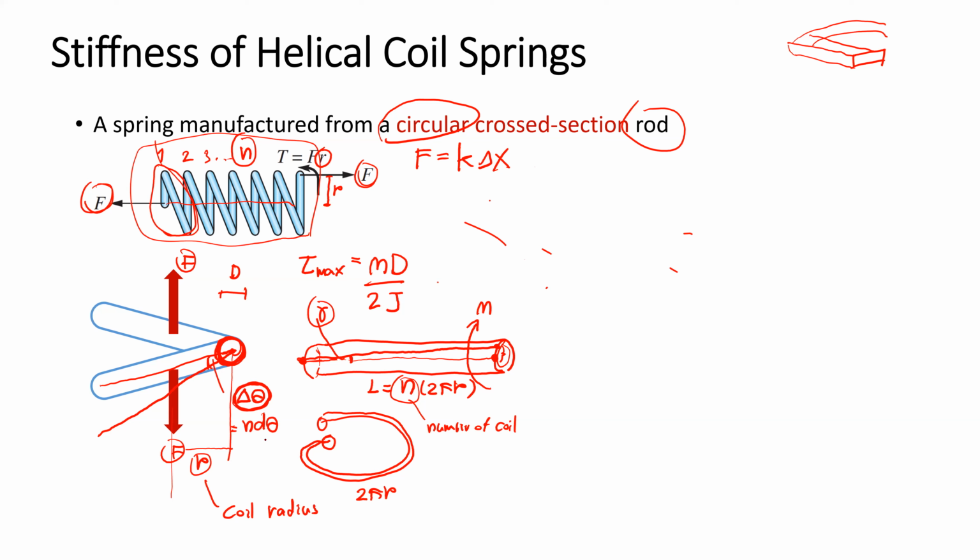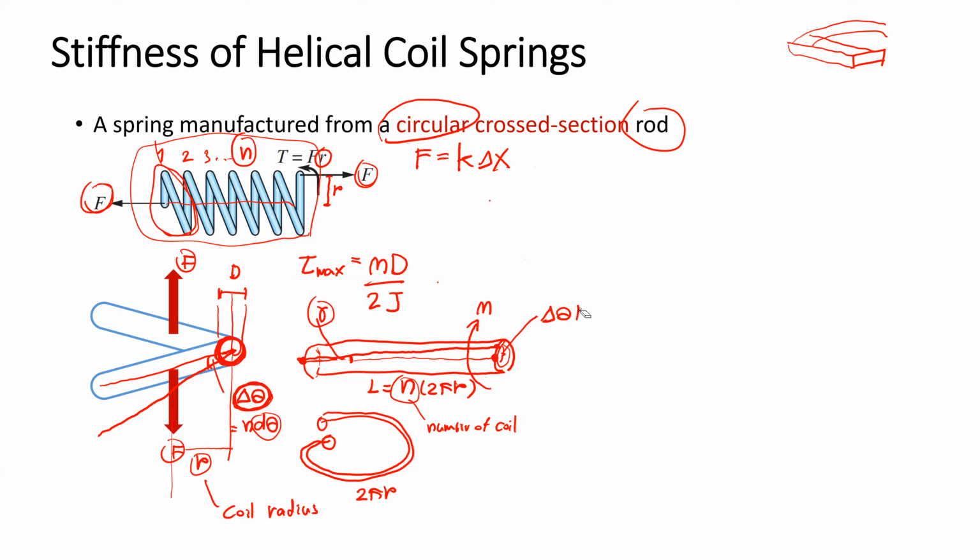For one coil it may be d theta, but for n coils the total deformation will be delta theta, and the coil itself has the diameter d. Do you have any idea about this distance? It needs to be delta theta multiplied by the radius of the rod.